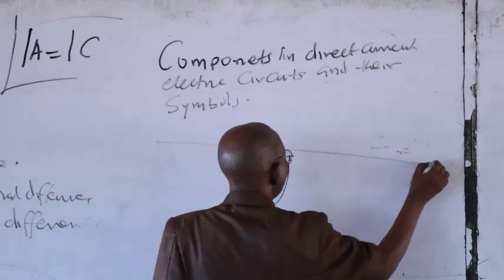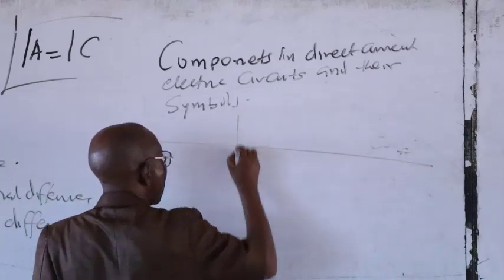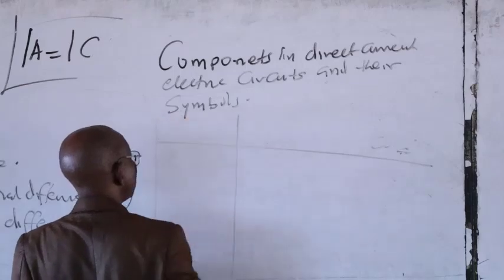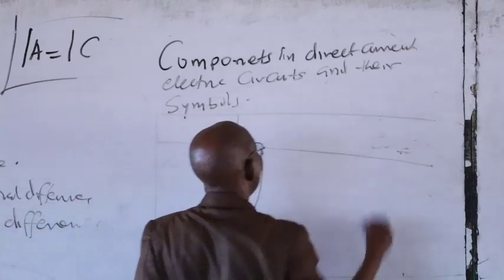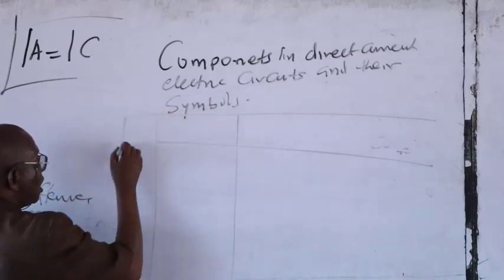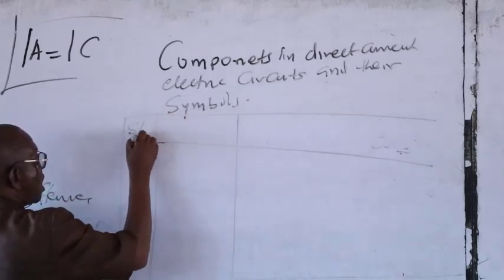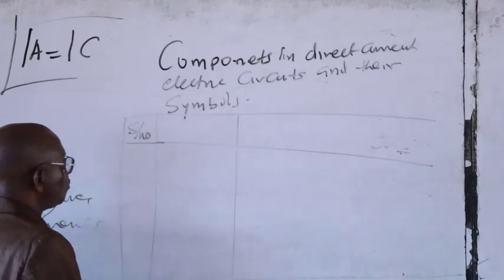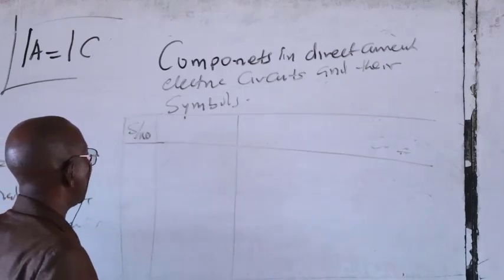Let's have a kind of table here. The first column is serial number.